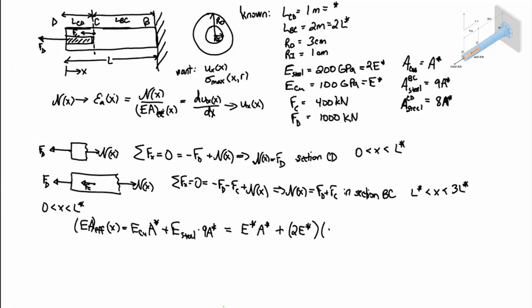So let's just make this an 8. Lovely. Okay, so we have 8A star over here. And so that gives us 17E star A star. Okay, so that's our EA in the section CD.